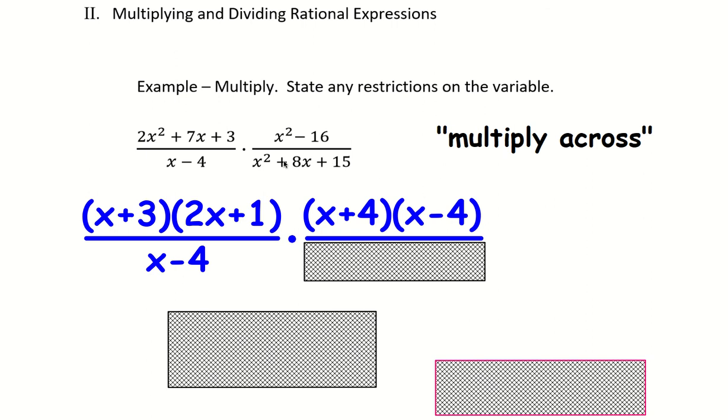And then this denominator, since there's no GCF, would this unfoil? Are there two numbers that multiply to get positive 15, but they also add up to positive 8? Oh yeah, there is.